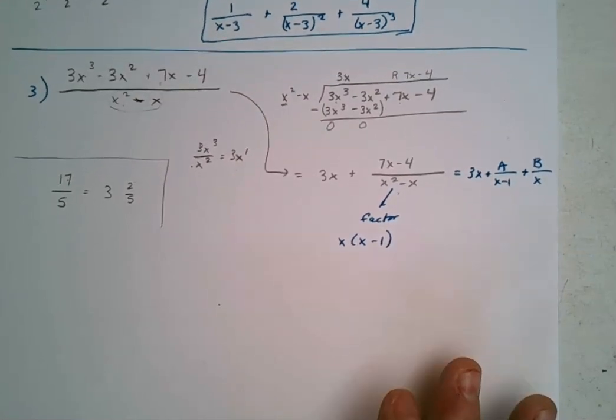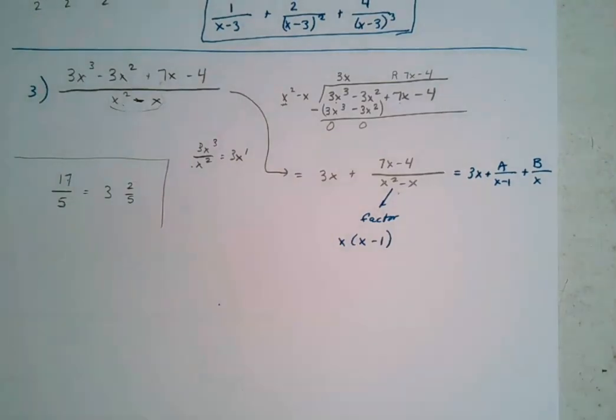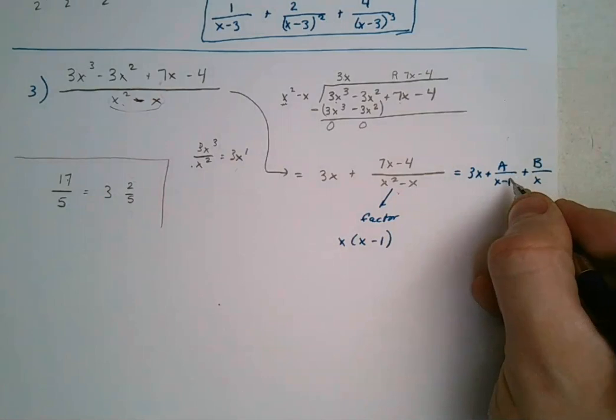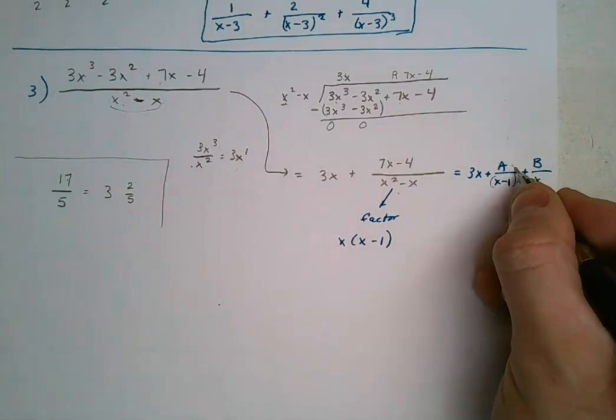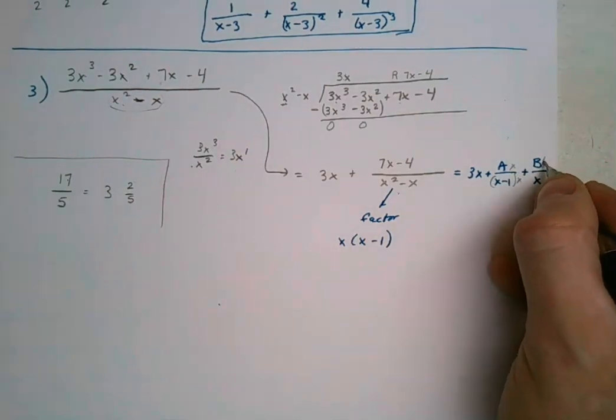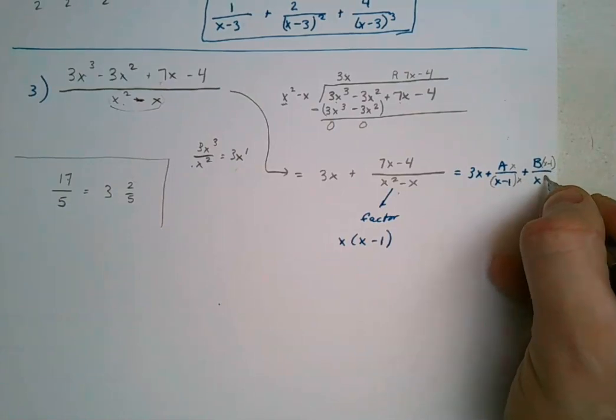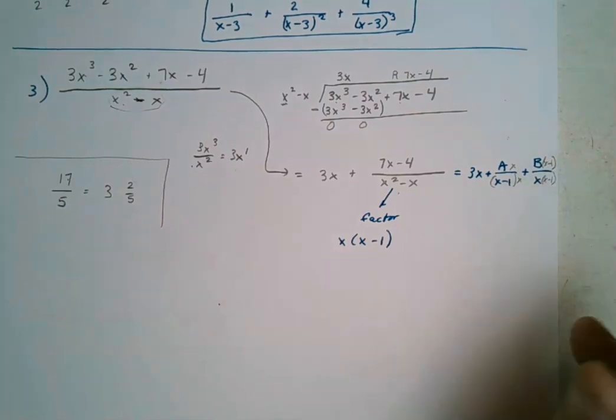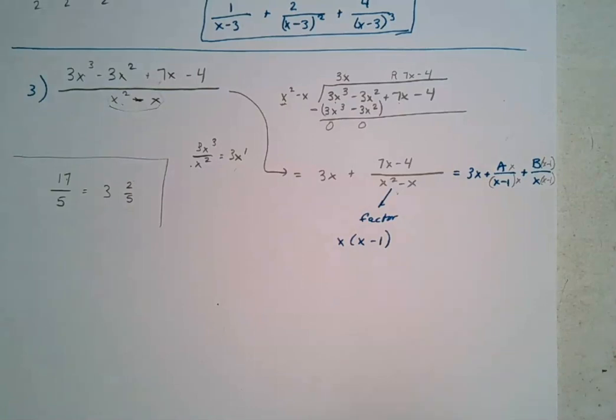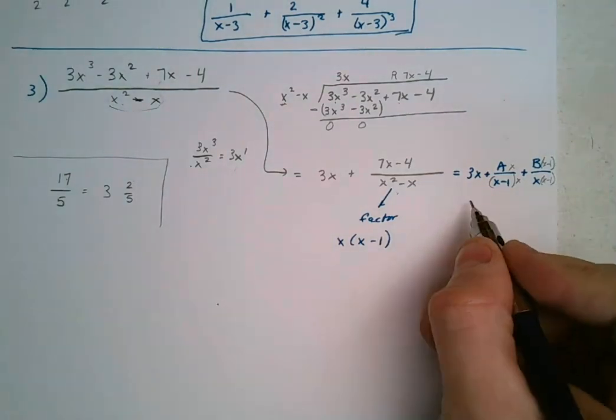So now what do we do? We do the same thing we've been doing, which is, what is the common denominator? This guy has got to get multiplied by x over x, and this guy has to get multiplied by x minus 1 over x minus 1. Squeeze that in like a bad math teacher. Now, what does this become?